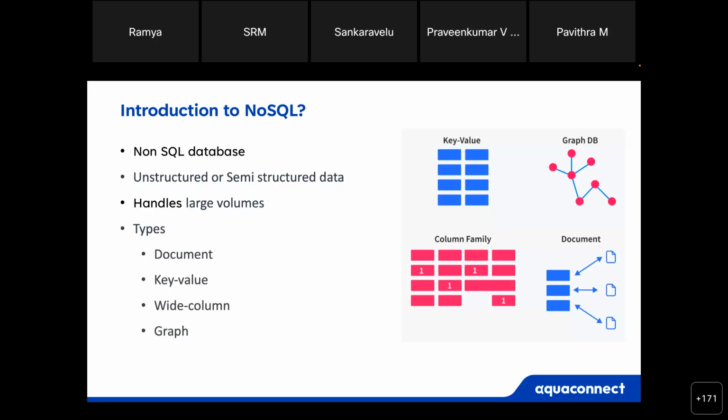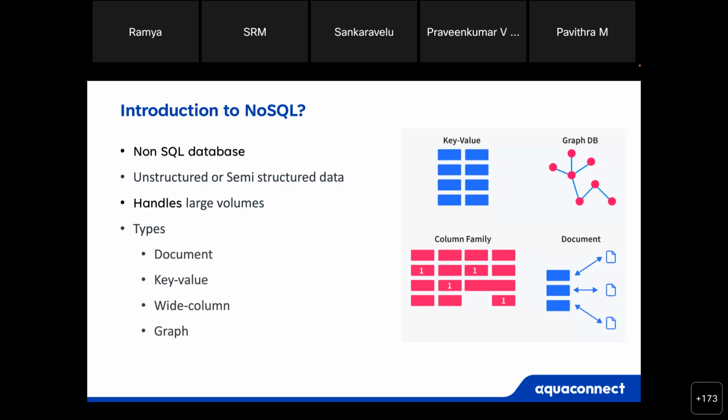You can say video, audio, text documents, and PDFs. Those are examples of unstructured data. Or you can say another way: the data you can't accommodate in table rows and columns is called unstructured data.